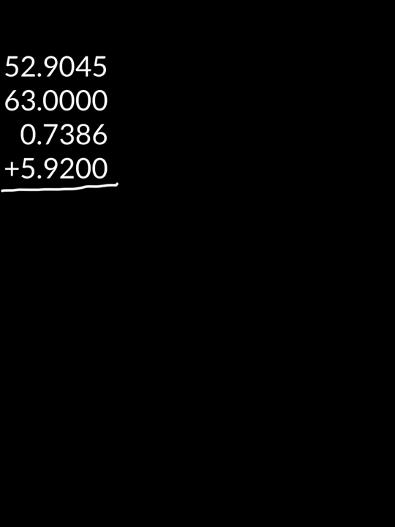As you can see, I've added extra zeros to fill in as placeholders. So instead of 63, I put the decimal point and added all of the zeros, and I added a couple zeros down here as placeholders. So that way everything is all nice and lined up according to place value, and all of my decimals are all nice and lined up.